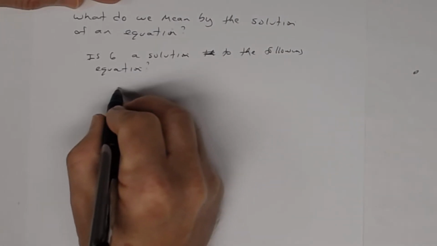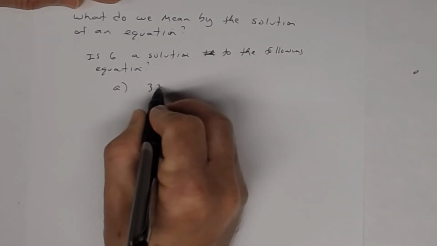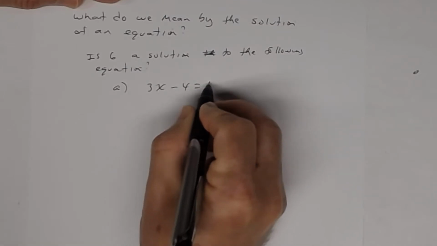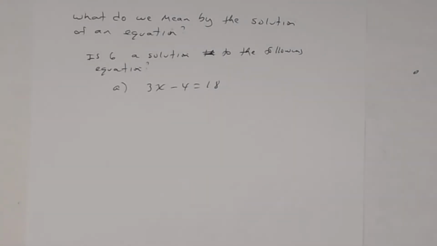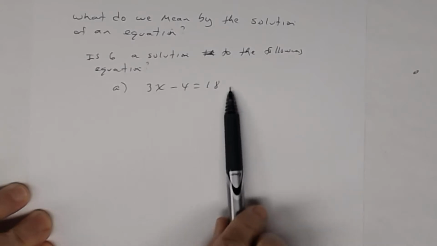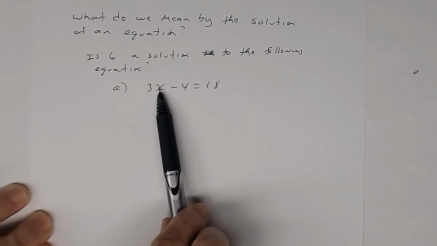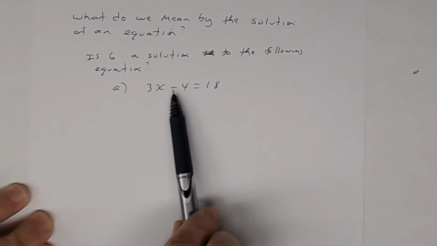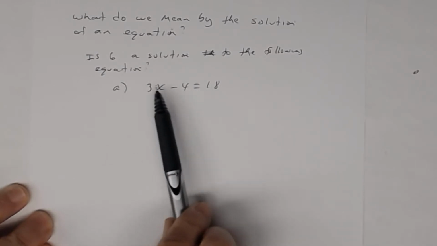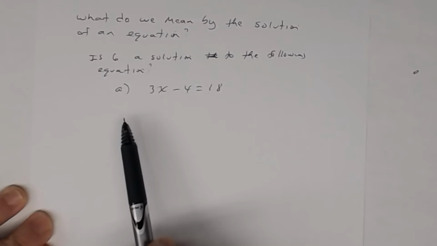All right, so here's the equation, part A. 3x minus 4 equals 18. All right, so I want to know, is 6 a solution to this? So a solution is the value of the variable that will make this equation a true statement. So the left-hand side has to equal the right-hand side.